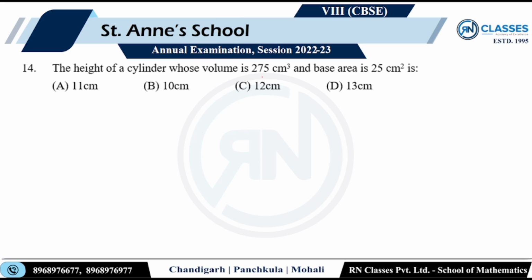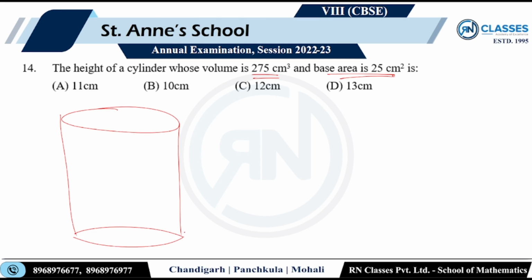Next one, the height of the cylinder whose volume is this, area of base is this much. We have to find the height of a cylinder. Okay, this is the cylinder that came to me, I made a rough figure. The area of base is given, this is the area of base, that is given to be 25 centimeters square, and the height is to be found out, volume is given to be 275 centimeter cube.